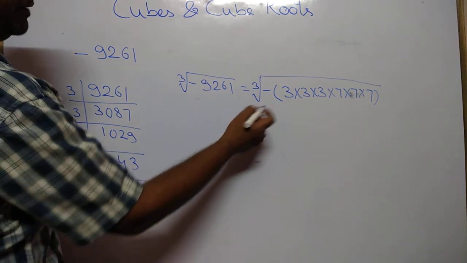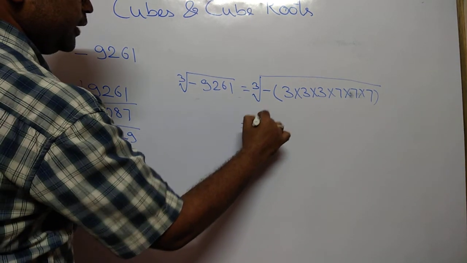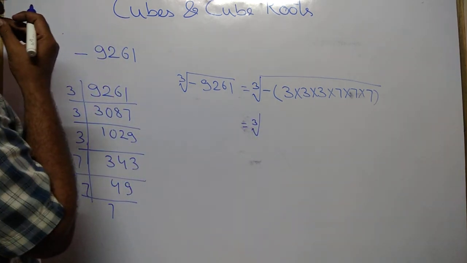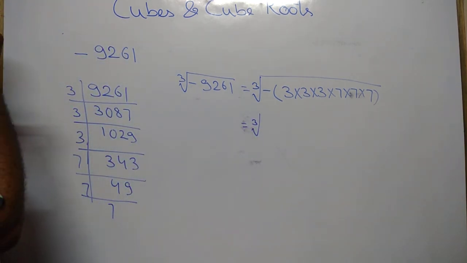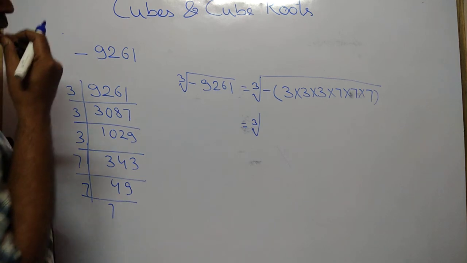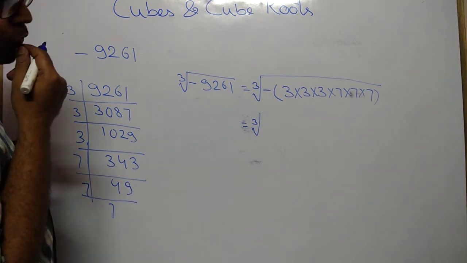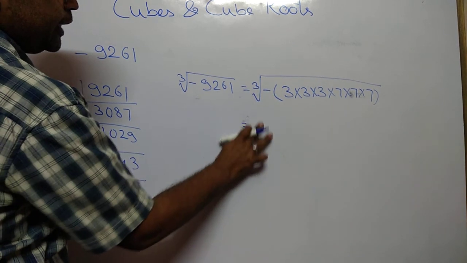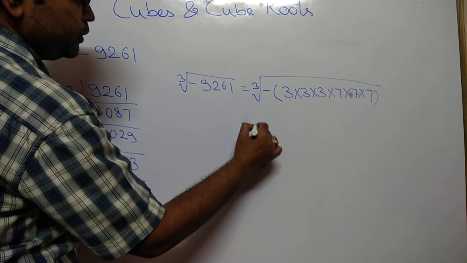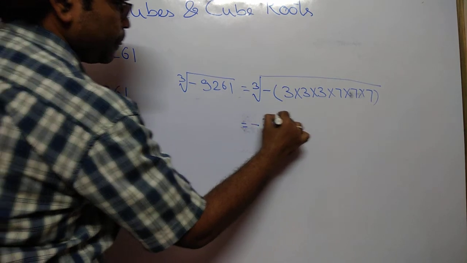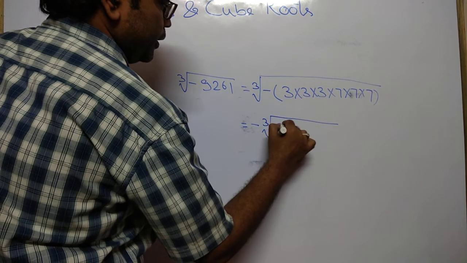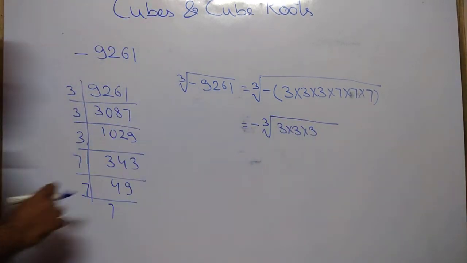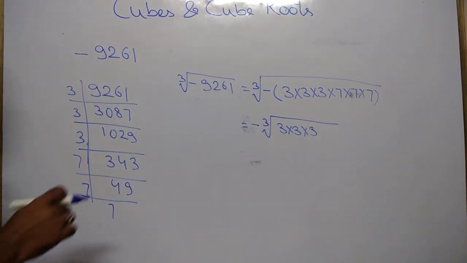Now we have triples, so here we can write down the cube of 21, I think. So see, the negative sign is there, so the negative must come outside, because we know that the cube root of a negative number is also negative.